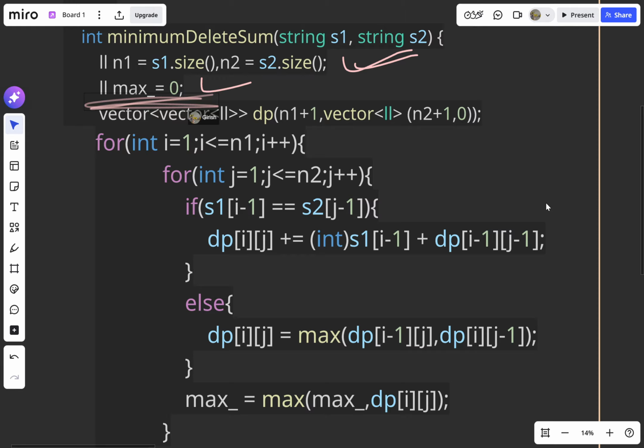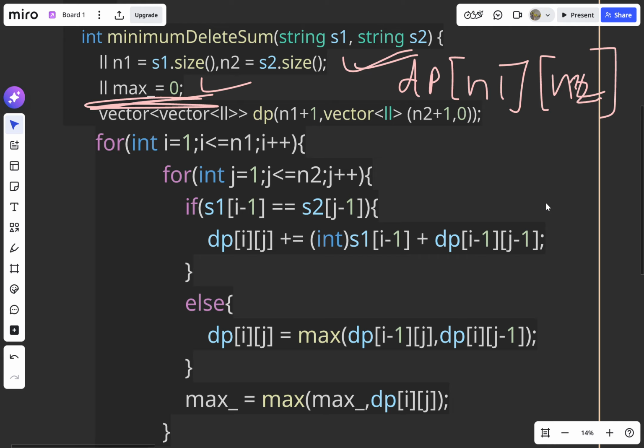So either we can get this counter, or we can already return the dp of n1 and n2. So this will also contain the same score, which is the total score for the longest common subsequence. Okay, we can do this also.